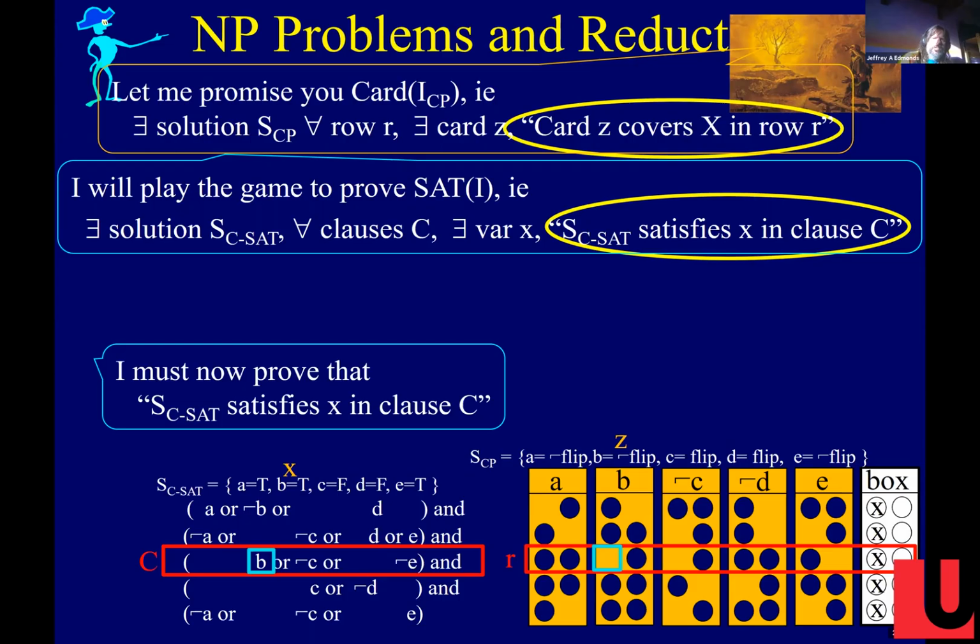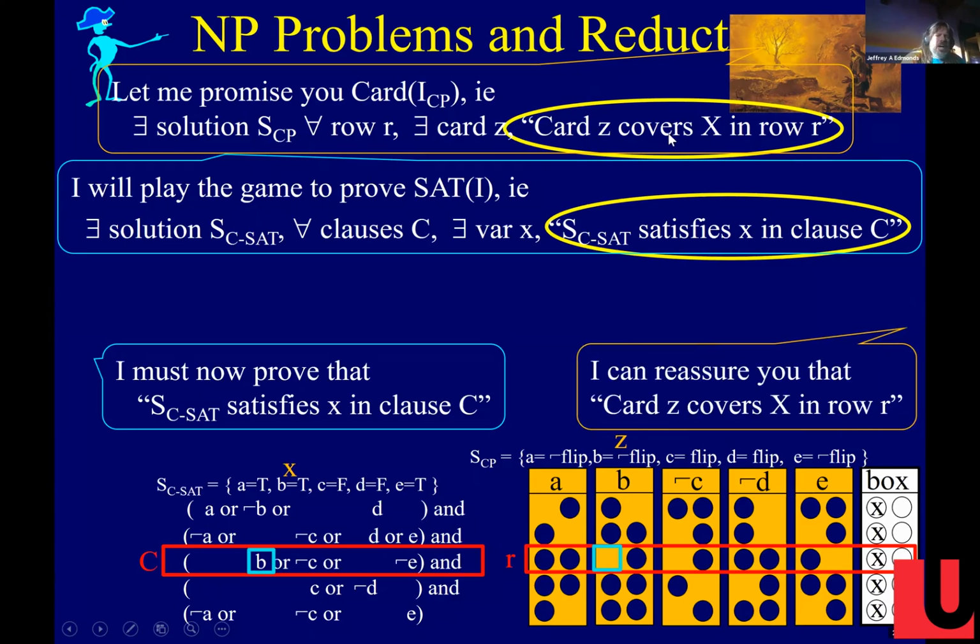All right. So how are we going to prove it? Again, we're going to have help from our oracle. We're not working all by ourselves here. The oracle gave us various information, and the oracle is promising us that the card covers the X in the given row, right?